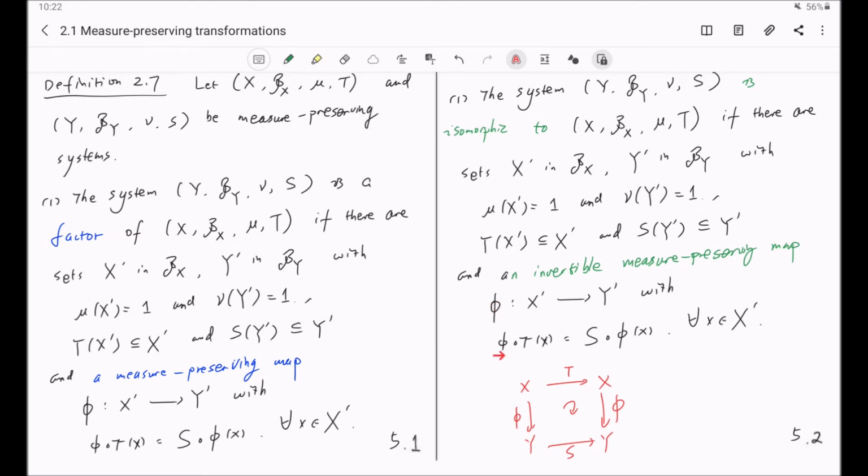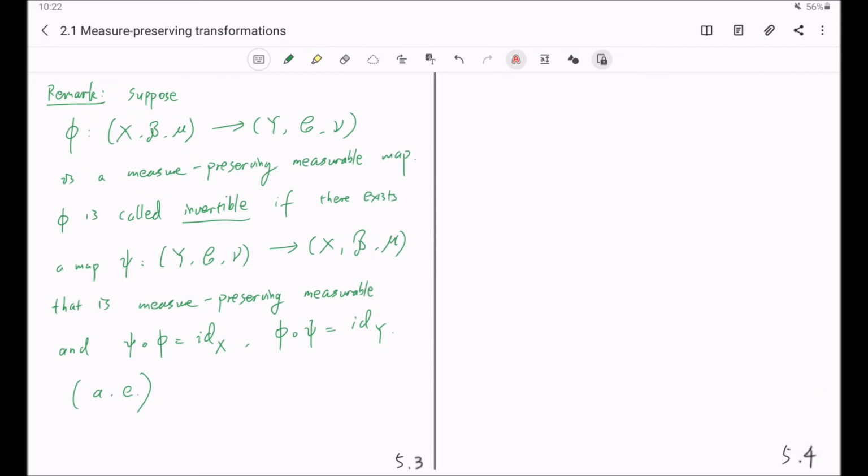And furthermore, you have to construct an inverse to phi and prove that the inverse is also measurable and measure preserving, just like what I said over here in this remark. So it is quite complicated to check the two systems are isomorphic.